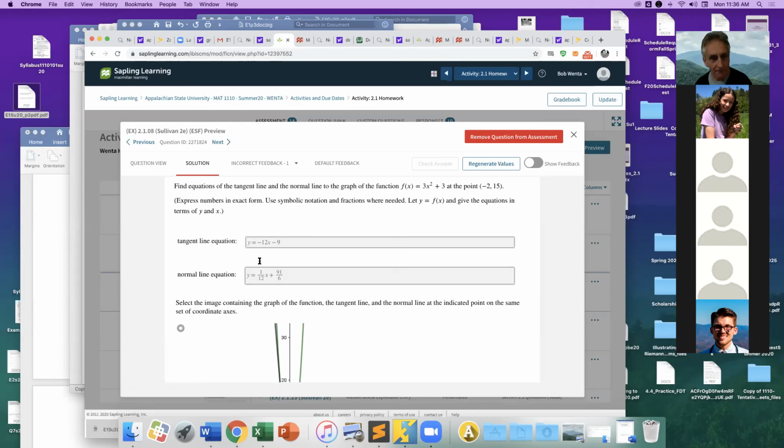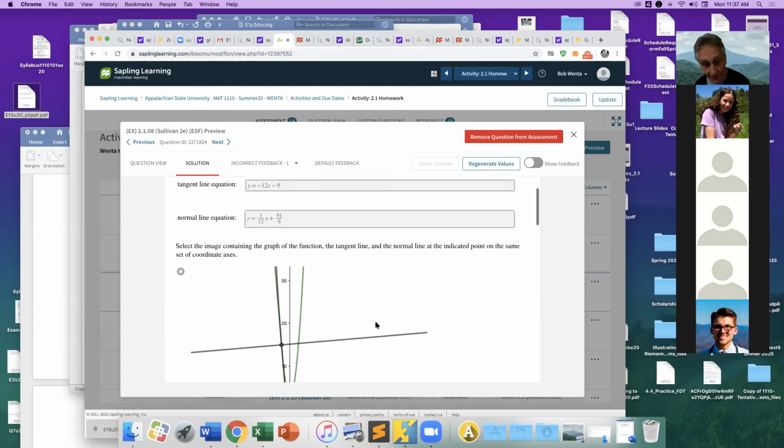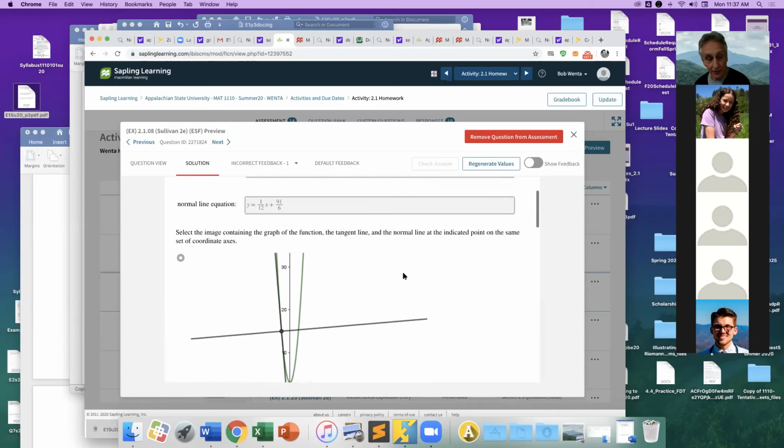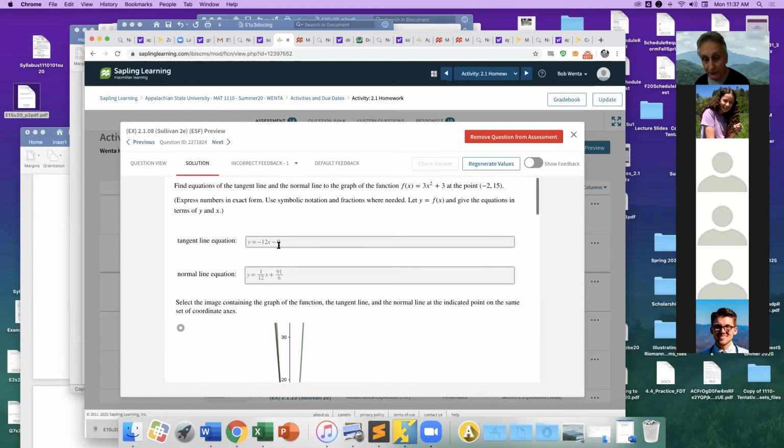So negative 12 became positive 1/12. Then you use the same point, plug it in and see where it takes you. And then graph it on your calculator. If you're asked for the tangent line, make sure that the graph touches at that point. Make sure you are comfortable with that.